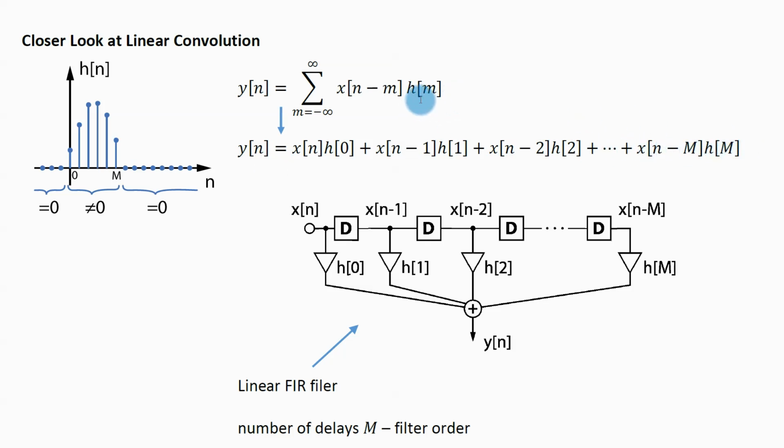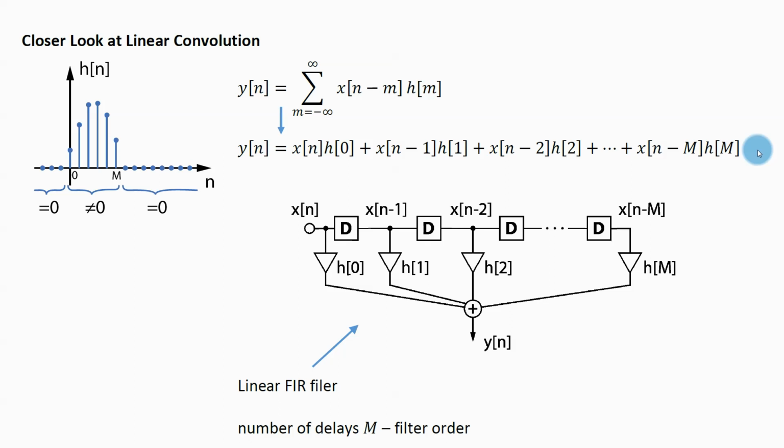Then for lowercase m greater than uppercase M, I will get these zeros again, and this will not contribute to the sum. So if I have a finite number of non-zero values here, the linear convolution will simplify to this formula. And this formula is often used to compute filtering, the linear convolution, in digital electronics. So in your mobile phones, computers, this is the formula that is being used.